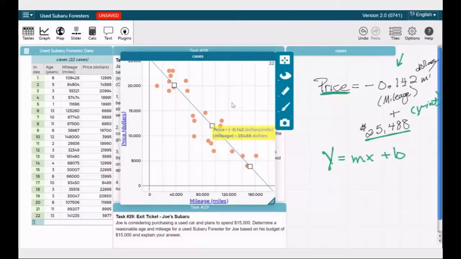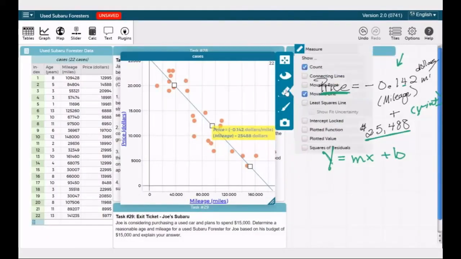All right, so did everybody pick a line they think is the line of best fit? Now, I want you to go back to that ruler, and click on least squares line. Do you see? It should be a different line. You should have two lines there.